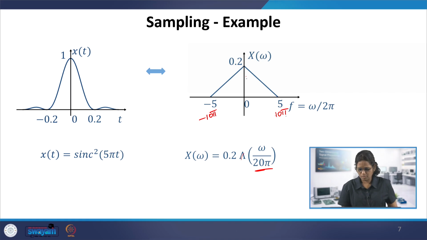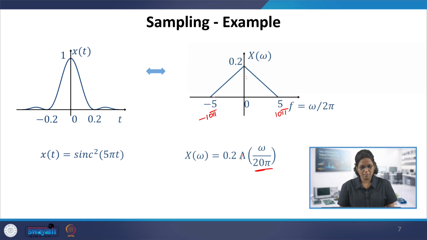So the base is totally 20 pi, and the amplitude is 0.2, which comes from where it crosses 1 by T. Just take this Fourier transform; how to obtain it we will see later.